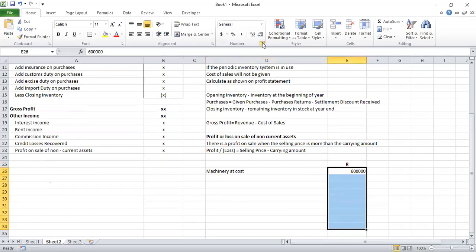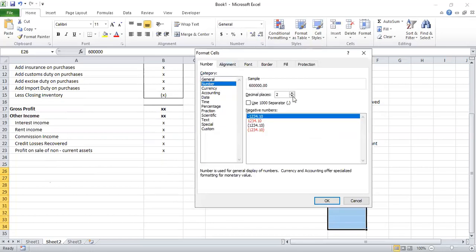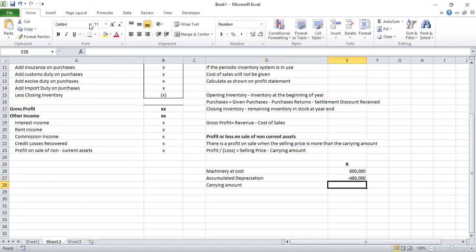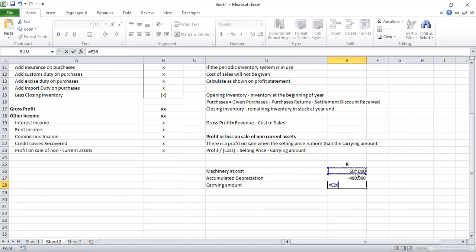That loss in value, we normally call it depreciation. So let's say we had accumulated depreciation, which is the total depreciation over the years. Let's say it was 80,000. Then we'll have our carrying amount of the difference. So that means the value of this asset to us will be 120.